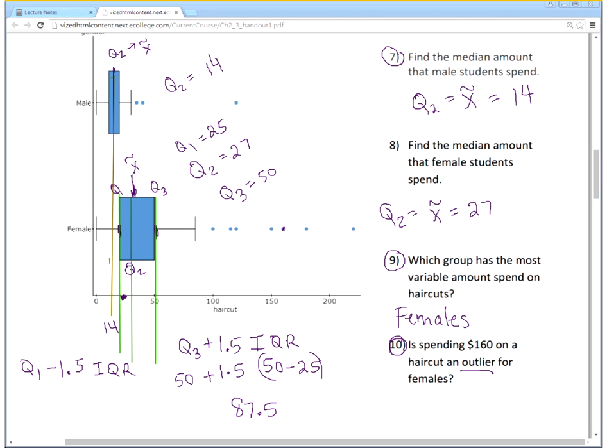So again, that's the 50 plus 1.5 of the IQR. Okay, so anything that's higher than 87.50 is considered an outlier. So 160 is an outlier.